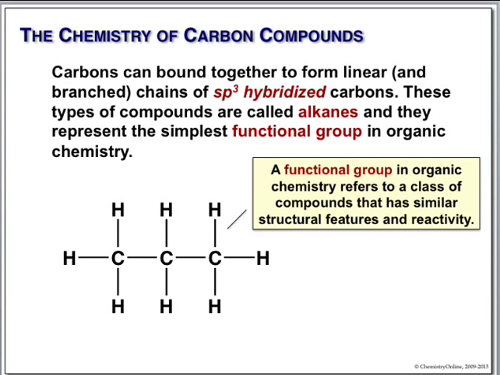This would be an alkane. An alkane contains only sp3 hybridized carbons. So every carbon in our chain here is going to be tetrahedral. Functional groups are actually really important in organic chemistry. We'll talk about these later, and we'll look at lots and lots of them.